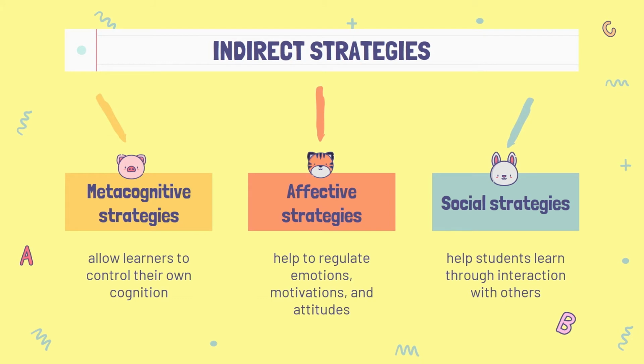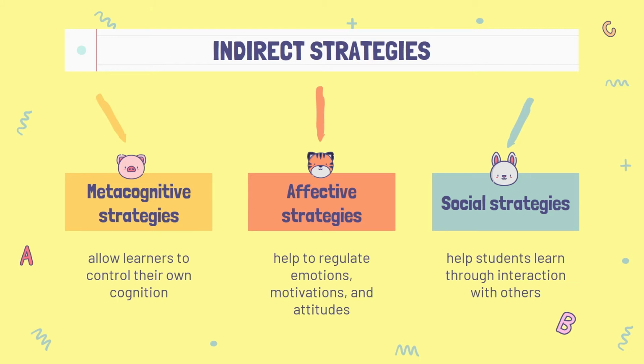Now that we have seen direct strategies, let's look at the indirect strategies. Indirect strategies are language learning strategies which support and manage language learning without directly involving the target language. Indirect strategies are useful in virtually all language situations and are applicable to 4 language skills.